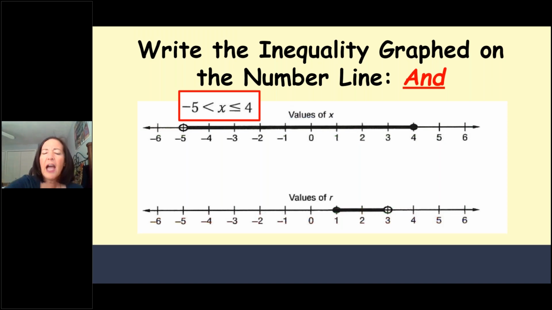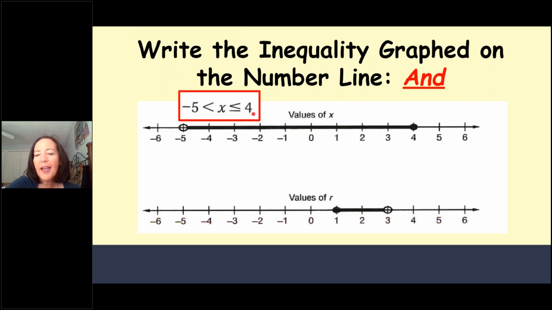Because like I said, I would have read this inequality as -5 is less than x, which is less than or equal to 4, which does not have the word and in it. They would have read this as x is greater than -5 and x is less than or equal to 4. Does that make sense?